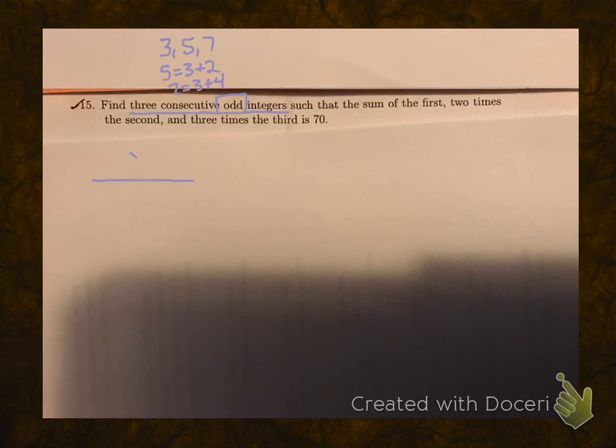Okay, so my 3 numbers. First would be x. Second would be x plus 2. Third would be x plus 4. Okay. We're going to add them together because it says the sum of.